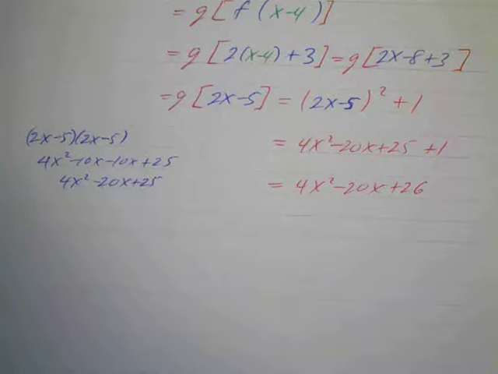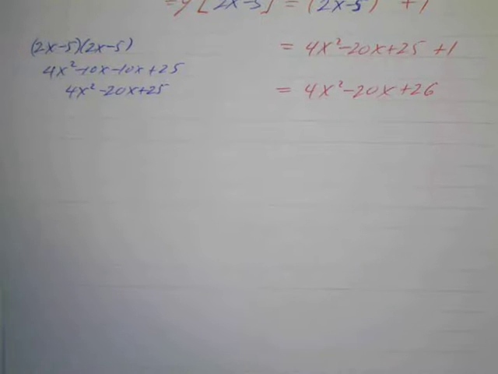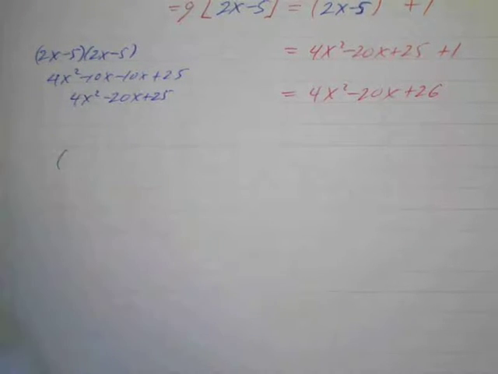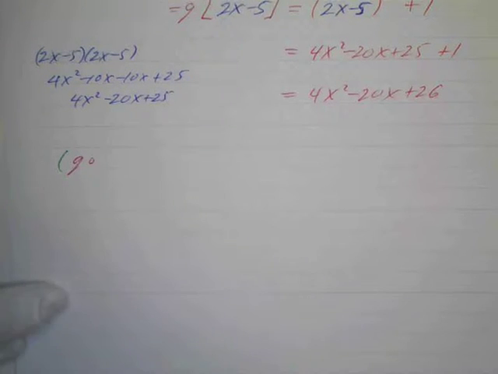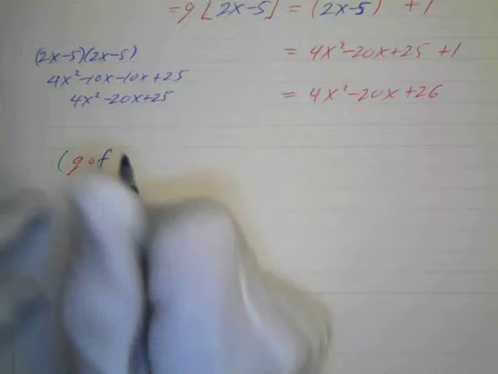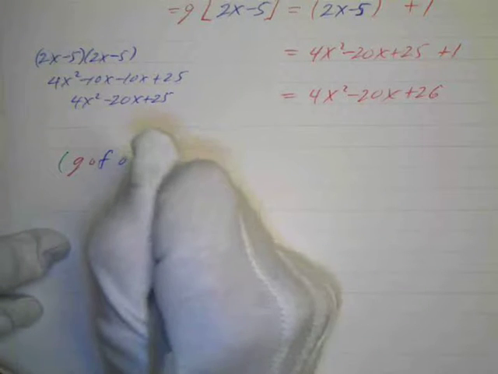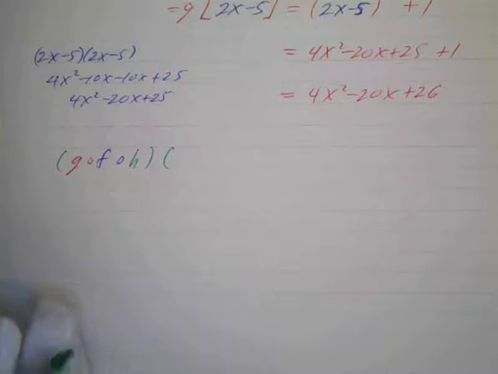Now we could put a number in there, it would probably be a little bit easier. So let's just try a number while we're at it. We'll do the same thing. We could do a different combination, but we'll just do the same one right now: g of f of h, and just put a number in here. Let's say 2.